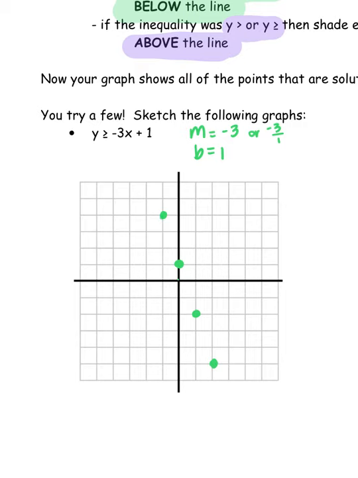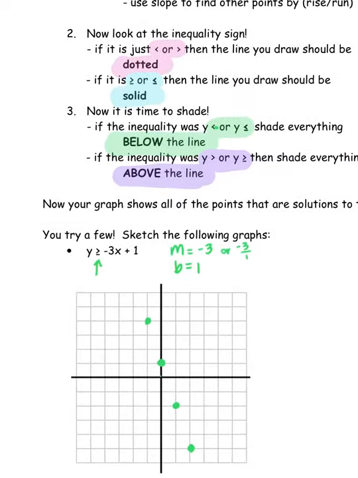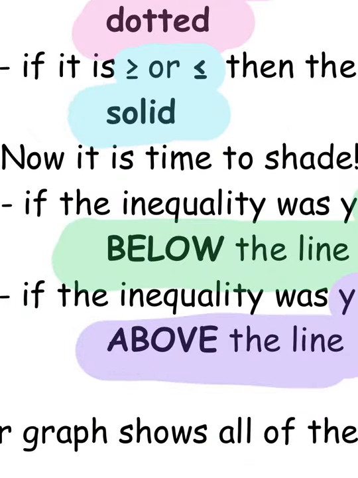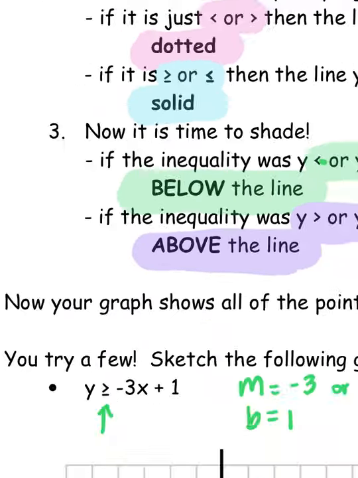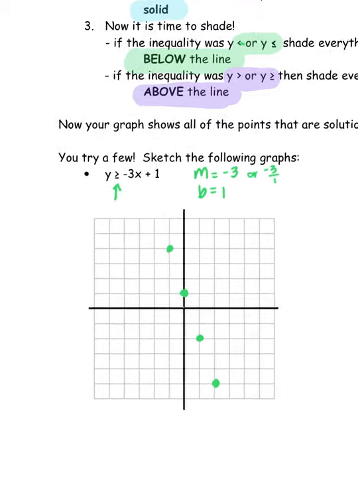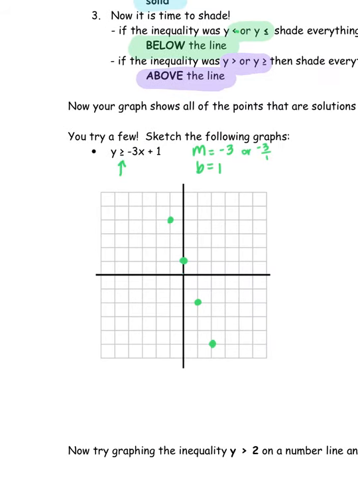I'm not drawing a line yet. I'm looking specifically at my sign. My sign says greater than or equal to. And when it says equal to, I look back up here, and equal to tells me it's going to be a solid line. So my line through my points is going to be a solid line, just like if I were graphing a regular graph.